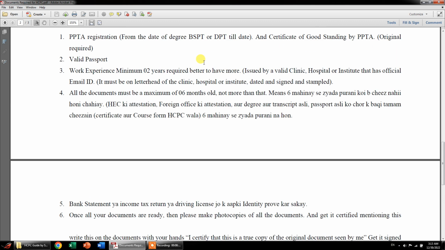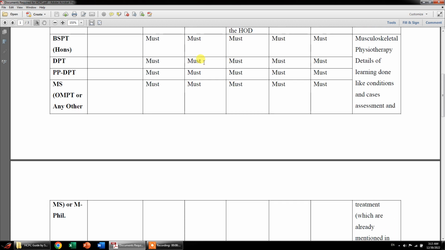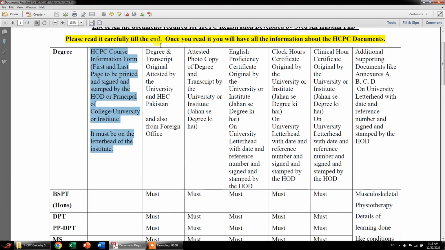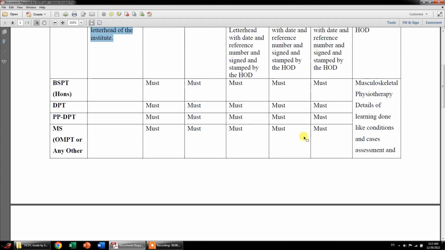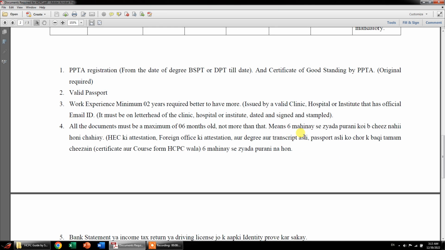But apart from that, for all of the other things I mentioned, please pay attention: the photocopies especially, and any certificate like the English proficiency certificate, clock hour certificate or clinical hour certificates must be a maximum of 6 months old. I recommend you make them fresh.